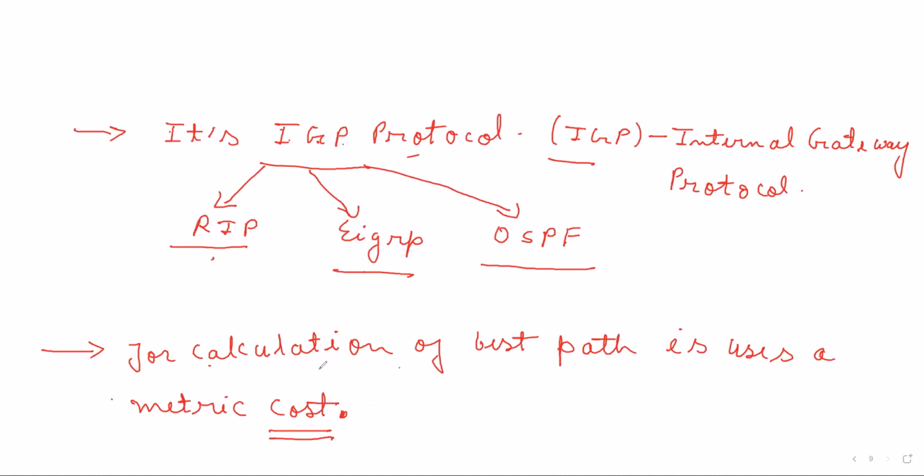I have three paths, so which one is the best path? It will use this metric, cost. I will tell you later how we can find the cost. It's very easy to find the cost. Okay, let me tell you how you can find it.